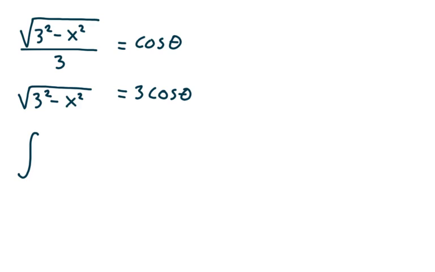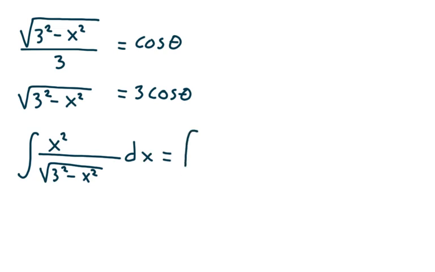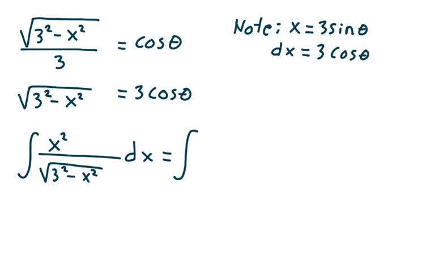So the integral of x squared divided by the square root of 3 squared minus x squared dx is equal to the integral of, now remember, we'll put a note up here, x is equal to 3 sine theta, and dx is 3 cosine theta d theta.